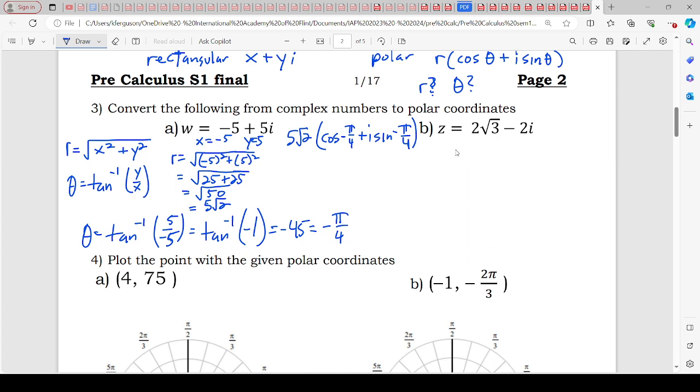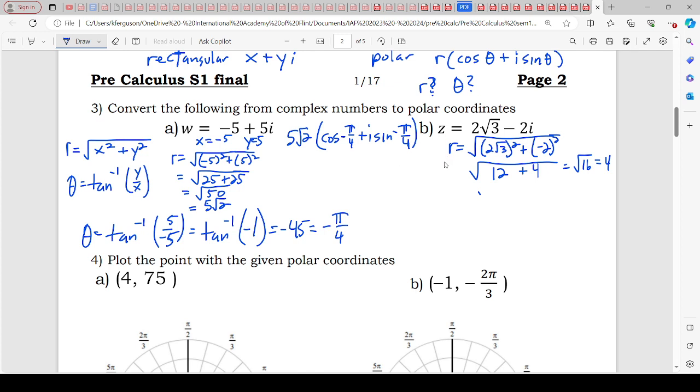So the next one, I need r. r is the square root of 2 square root of 3 squared plus negative 2 squared. So 2 times the square root of 3 squared ends up being 4 times 3, which is 12, and negative 2 squared is 4. That's the square root of 16, or 4. So r is 4.